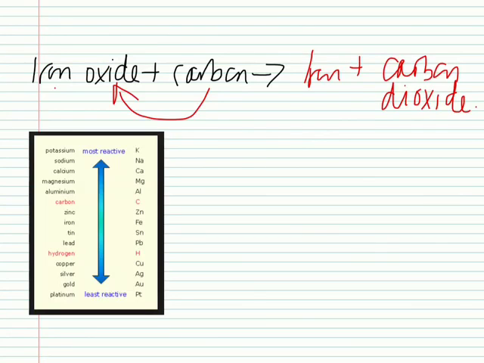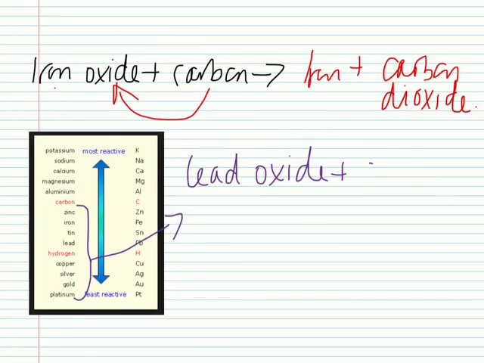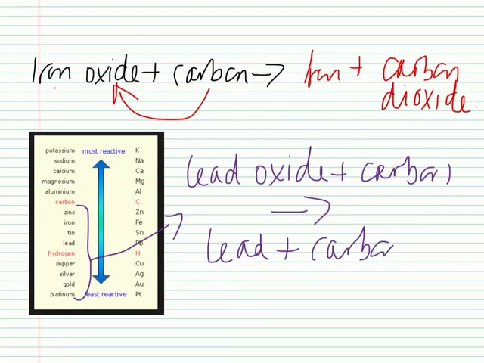Any metals that are below carbon in the reactivity series will react in exactly the same way. So for example, lead. Lead oxide and carbon will react to form lead and carbon dioxide. This is how we can extract the product that we actually want, the lead, from the lead oxide.